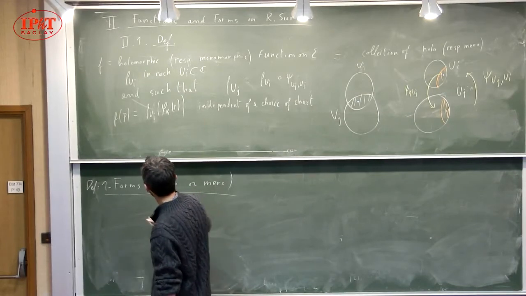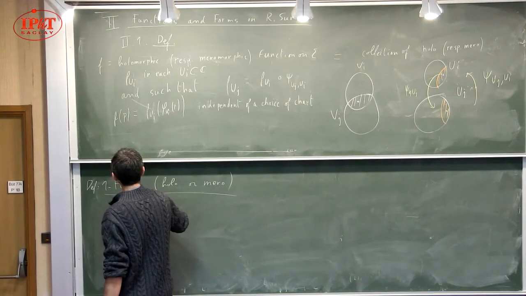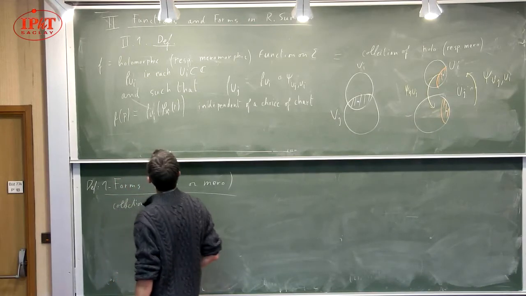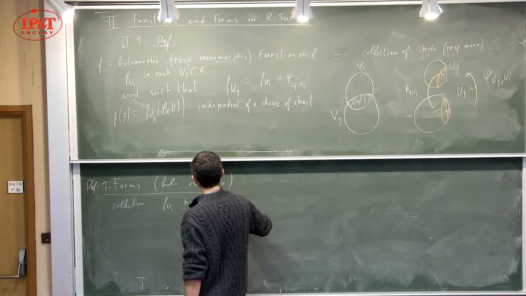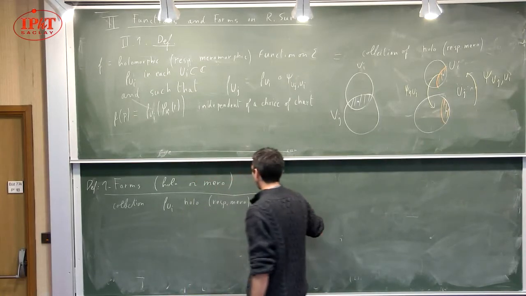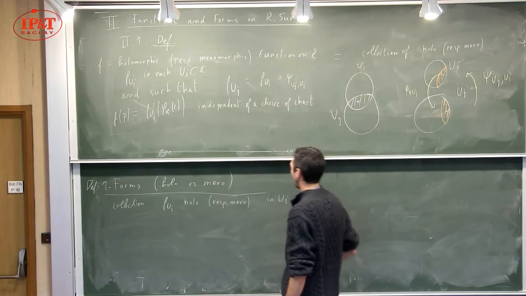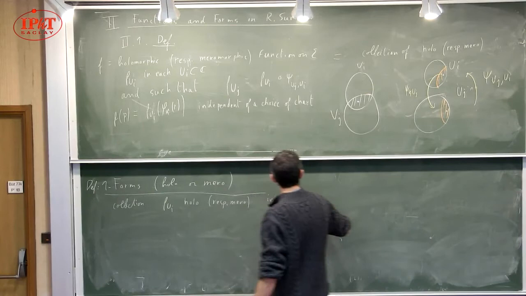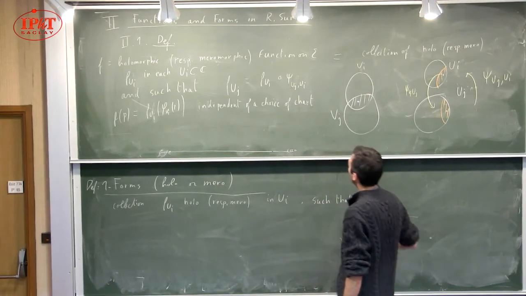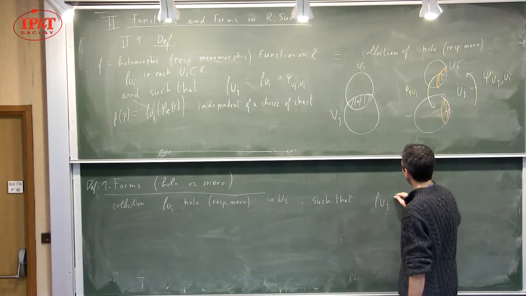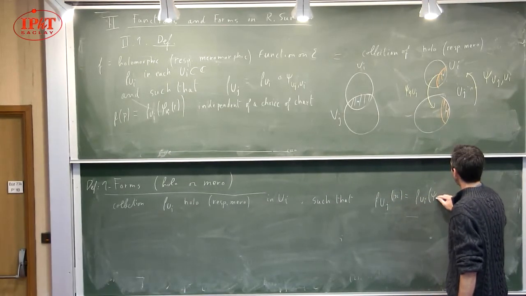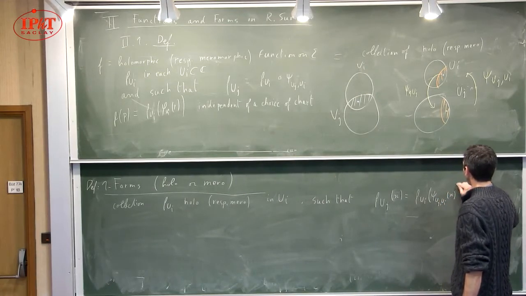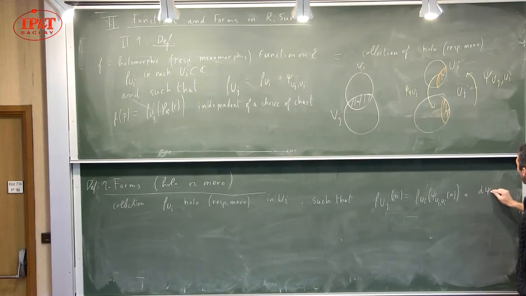So again, it's a collection f_{U_i} in U_i, and such that f_{U_j}(x) equals f_{U_i}(psi_{U_j U_i}(x)) times d psi_{U_j U_i}(x) over dx.